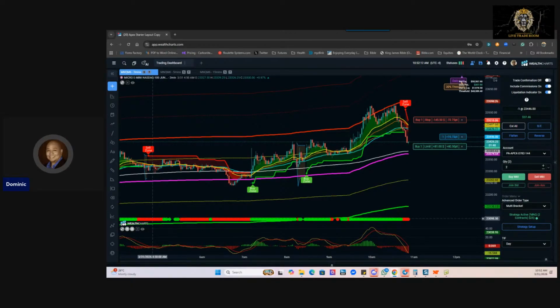So this one, most likely, I think it's going to get down to here. Right there, testing this white line, which is basically the 233 moving average. This magenta is the VWAP. You can see we have strong momentum to the downside based on the MACD.